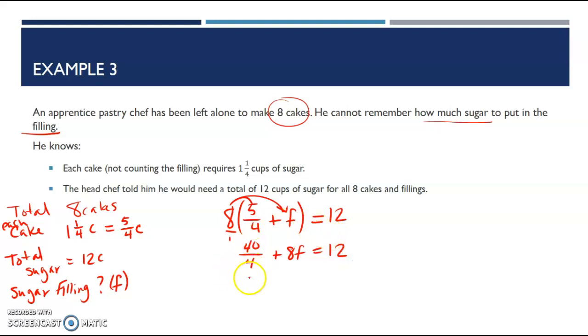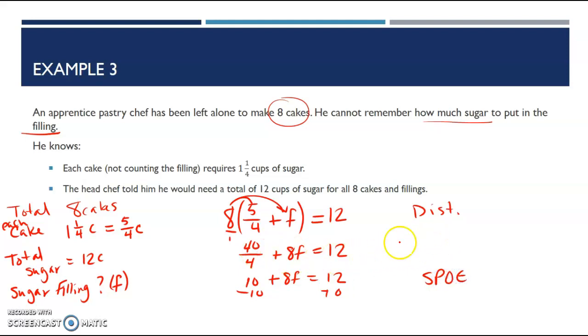And then from here, 40 divided by 4 is 10, plus 8F equals 12. I'm going to then subtract 10 from both sides. Guess I haven't. We did distributive property. We distributed that 8 through. Here was more just simplifying, and now I'm into subtraction property of equality.